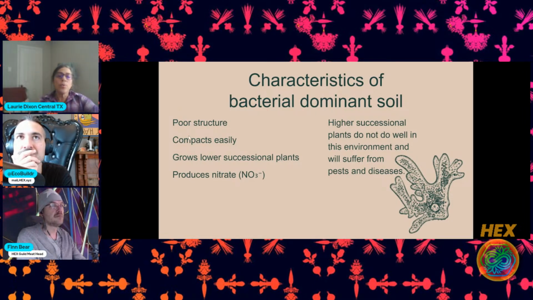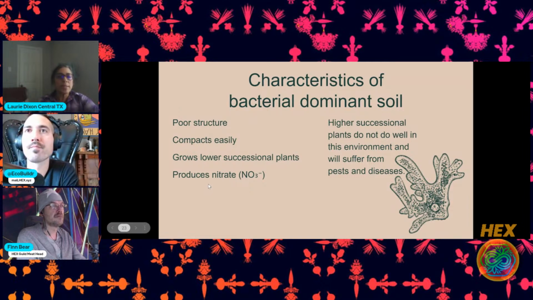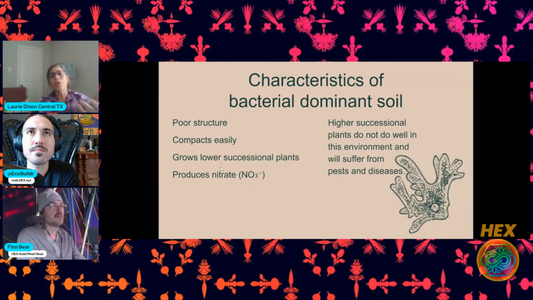So you need structure to have healthy soil. It's going to grow the lower successional plants. You don't want to say it's bad, because maybe you are growing lower successional plants. That's what you need. I grow natives.